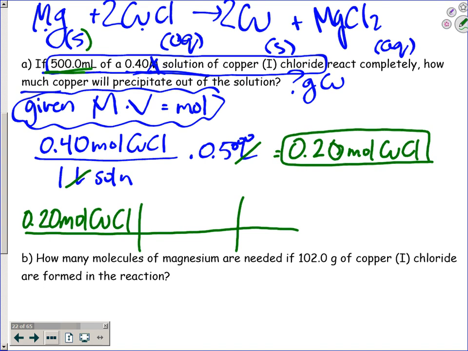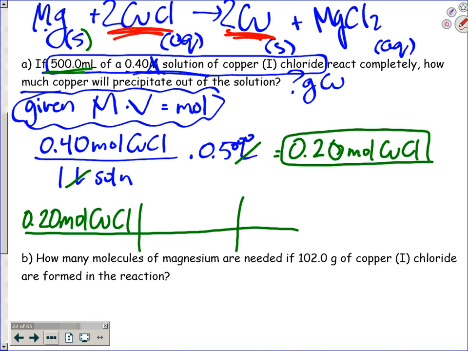Moles of copper 1 chloride to what? So our goal is to get from copper 1 chloride to straight copper, right? Here's copper 1 chloride right here, and here's straight copper. So you have to jump from mole to mole. You have to use the mole ratio first.